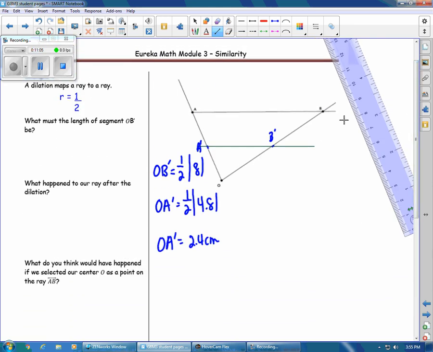Oh, these were supposed to be rays. I forgot about that. The arrow was cut off because I just noticed that the question said, what happened to our ray? Is it still a ray? Yes, it's still a ray. It's always going to be a ray. Whatever it was before you've dilated it, it's going to be the same thing after you dilate it. It's just the length of it is going to be changed by the scale factor.